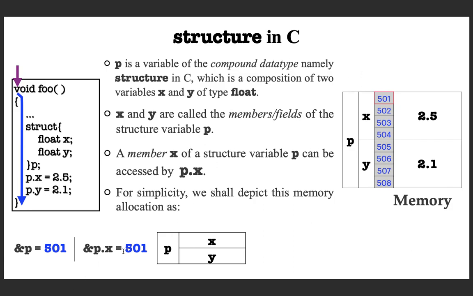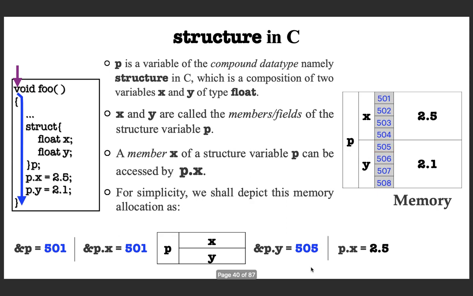You can try it in your lab and see what is the address of the whole variable p and also the address of the first variable, and see what you are getting. You can try to print ampersand p dot x using %u. Now, what is the address of p dot y? It is 505.